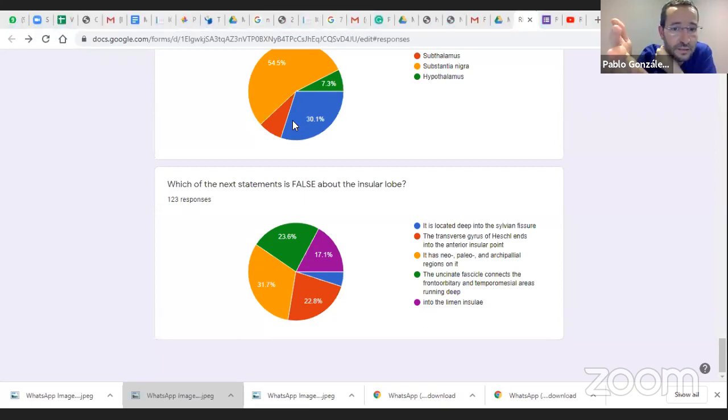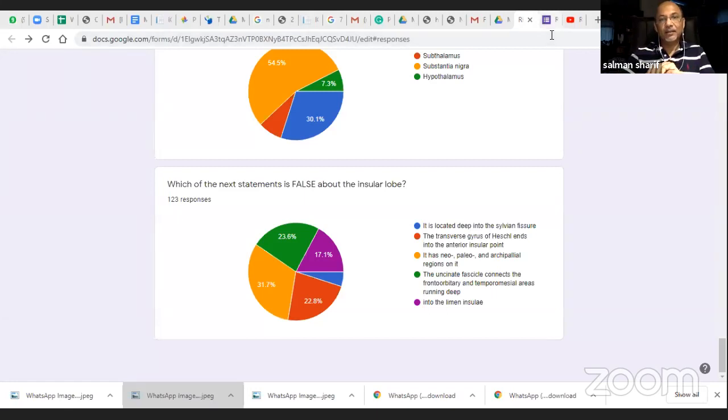And the uncinate fascicle, as we said before, connects the fronto-orbital and temporomesial regions. There were only four answers, so the last one is not an answer; it's part of the fourth. So the false statement is that the transverse gyrus of Heschl ends in the anterior insular point. It ends in the posterior insular point. Okay. Next, please.